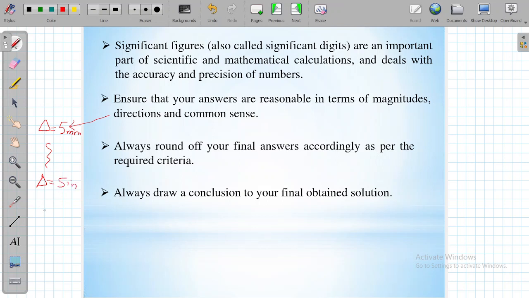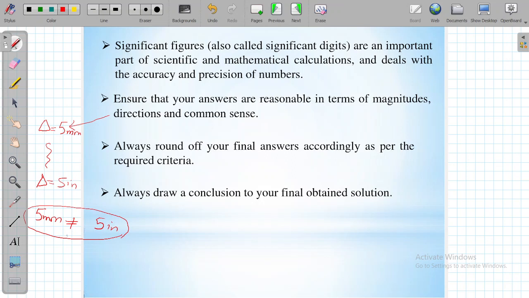Remember, 5 millimeters is not going to be equal to 5 inches. Mistakes like this are very important.